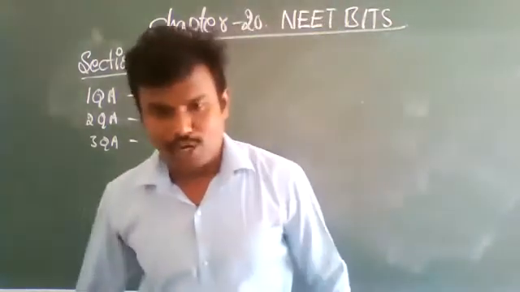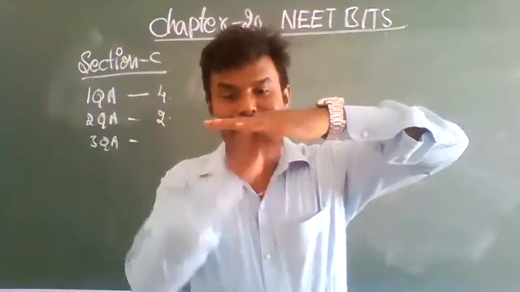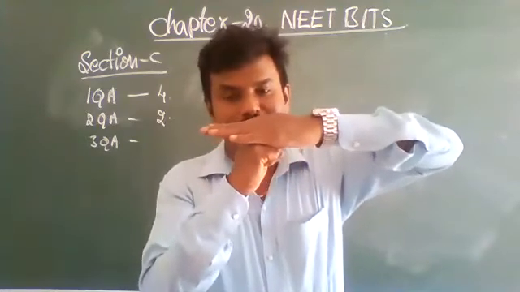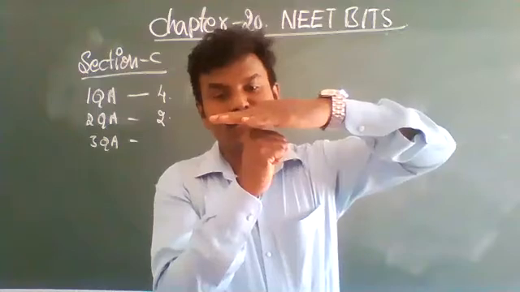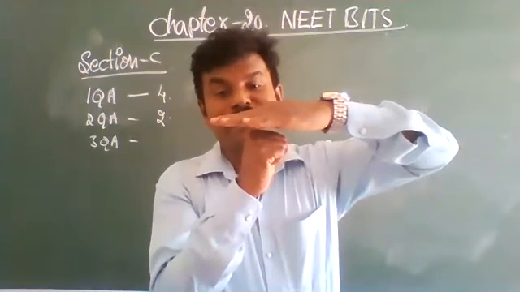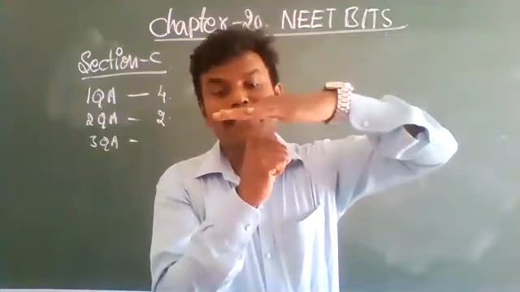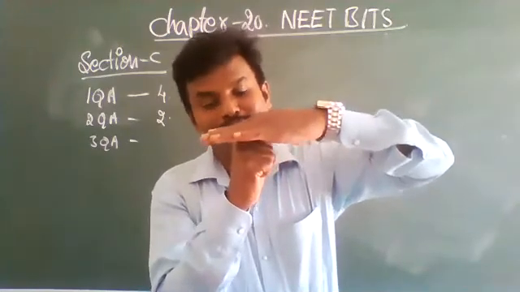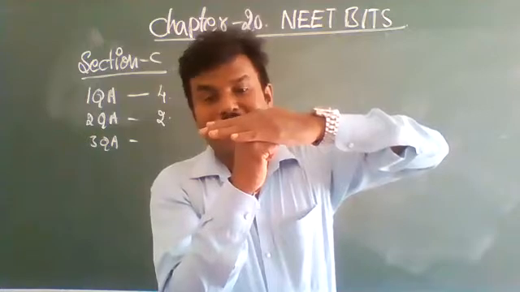See, I will draw the diagram. Like this way: actin, myosin, myosin head, attached. When calcium ions bind to the troponin of the TNC, then this actin complex is moved down, then attached, with the help of ATP.